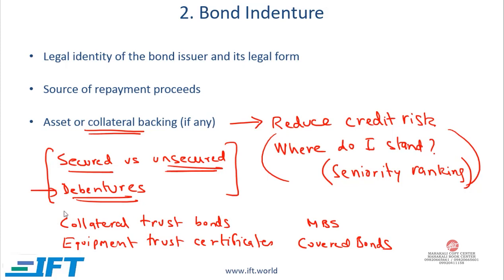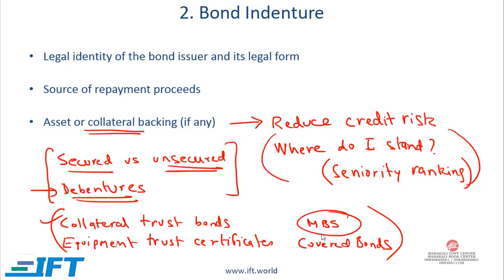In terms of different types of collateral backing, here are some terms that you need to know. A collateral trust bond is secured by securities such as common shares, other bonds, or financial assets. Equipment trust certificates are bonds which are secured by specific types of equipment or physical assets.